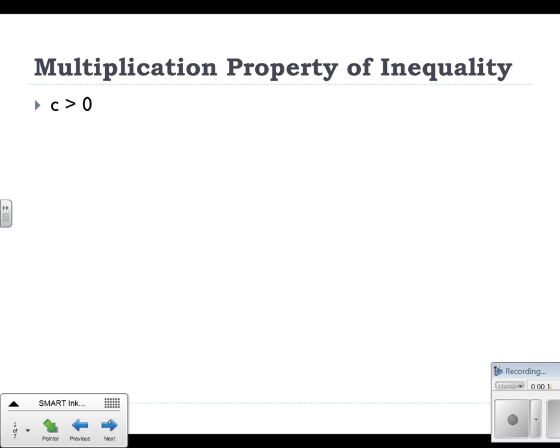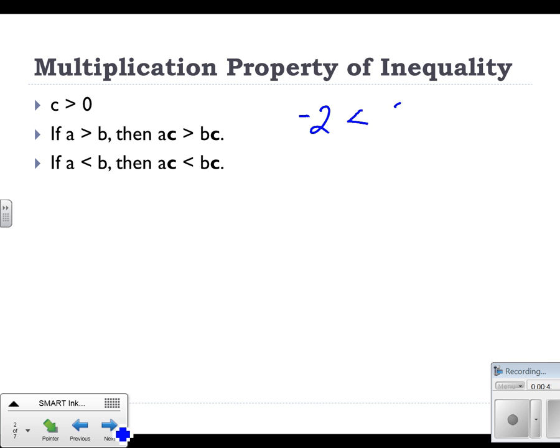With the multiplication property of inequality, if C is greater than 0, if A is greater than B, then A times C is greater than B times C. And the same is true if A is less than B, then A times C is still less than B times C. So basically what this is saying, take an inequality, for example, like -2 is less than 3.